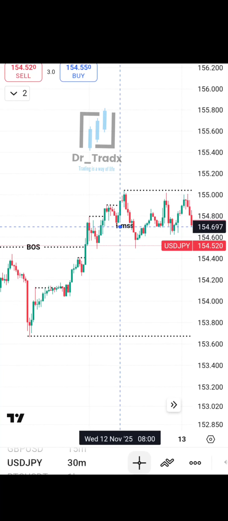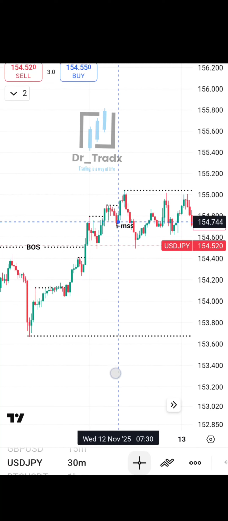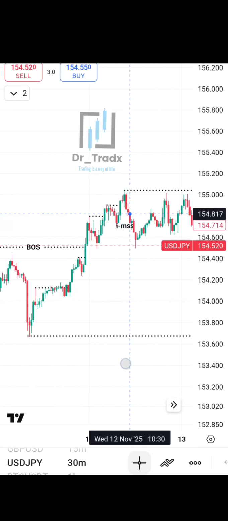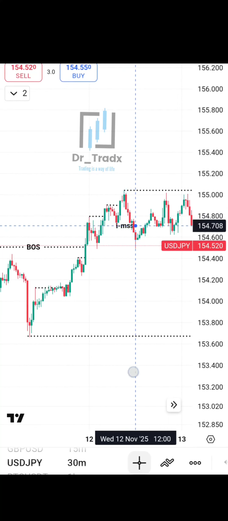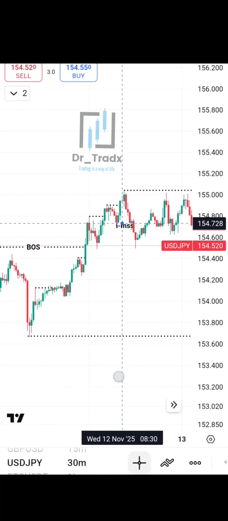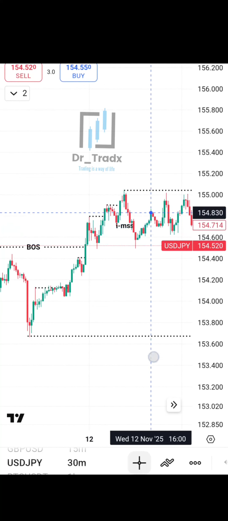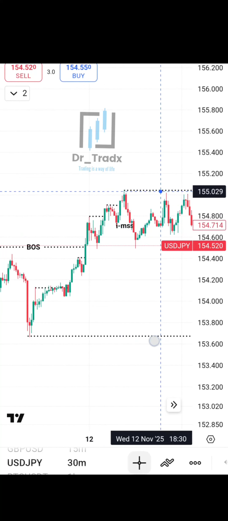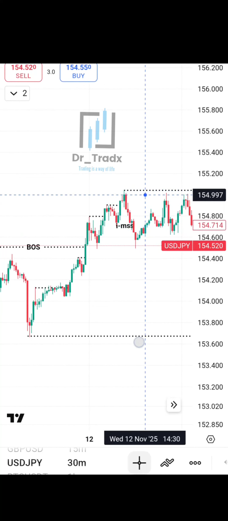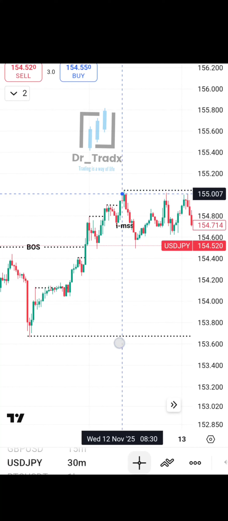Another secret I want to share with you: anytime you see a shift in the market structure, or a CHoCH, the market most of the time pulls back to almost 80 to 90% of a zone. So it will pull back to almost this zone.